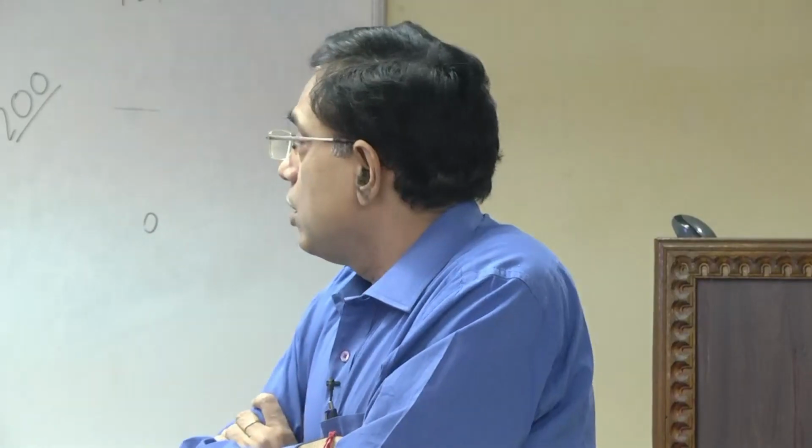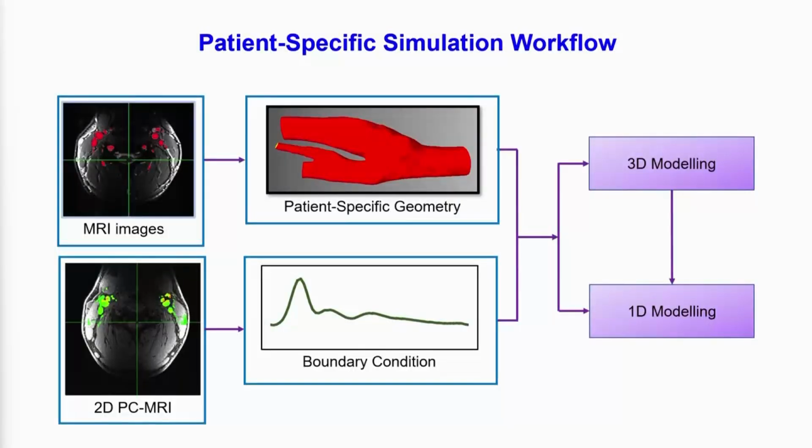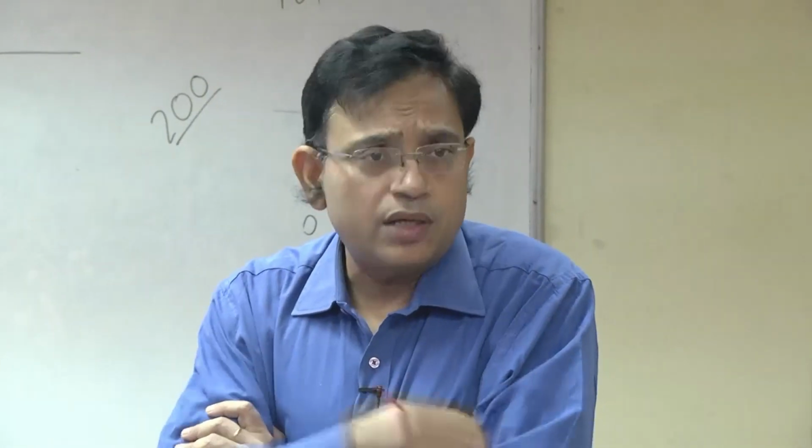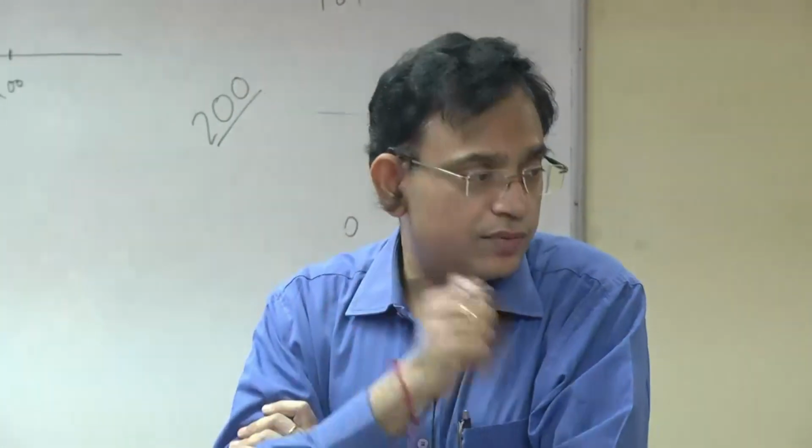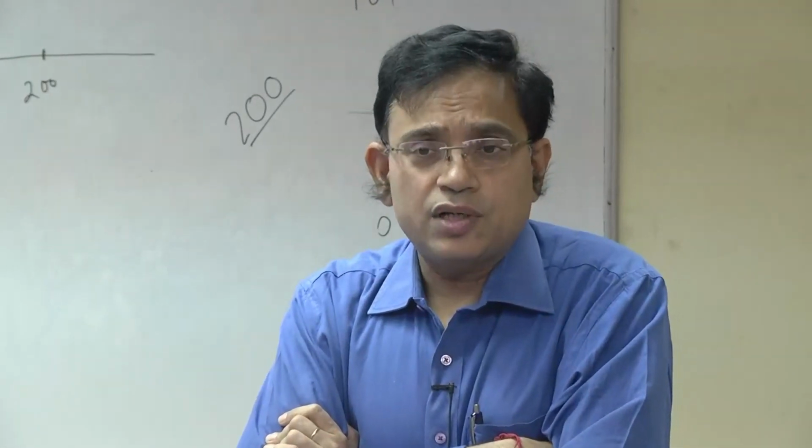So, now when we do this, we have to see whether we can do something which may be a bit inaccurate, but much faster. Can we convert the 3D picture to an equivalent, at least locally 1D picture?